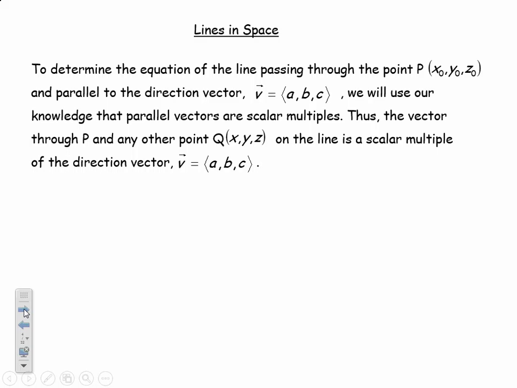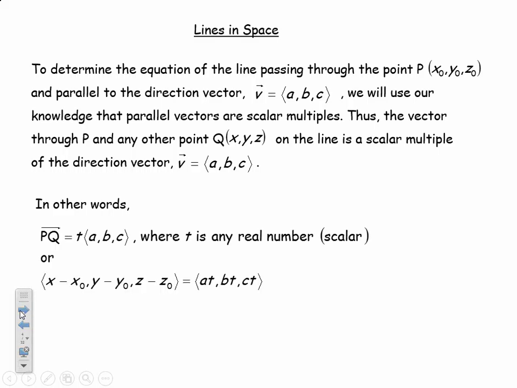Okay, you don't need to write anything down yet. So the vector PQ is a scalar multiple of ABC, where t, any real number, is a scalar.